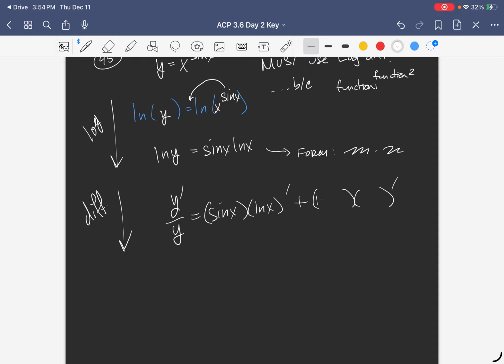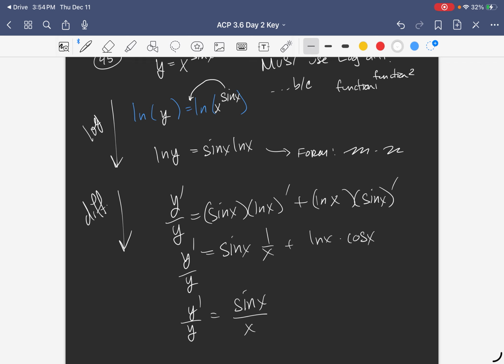Well, the derivative of natural log is 1 over x. The derivative of sine is cosine. And so we end up getting sine x over x plus ln x cosine x.